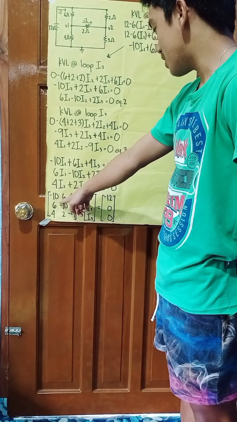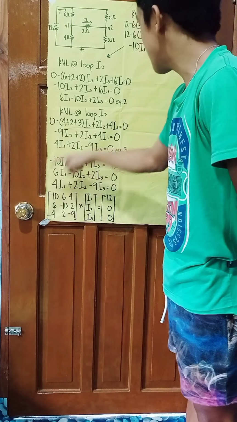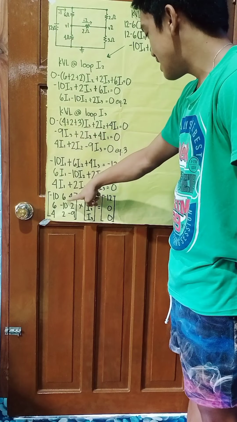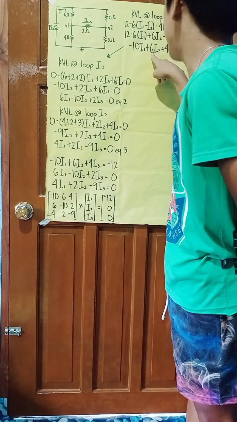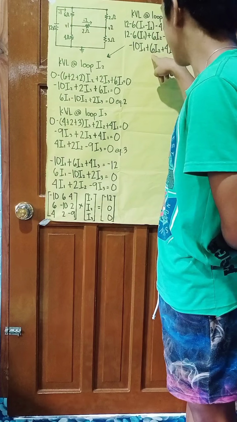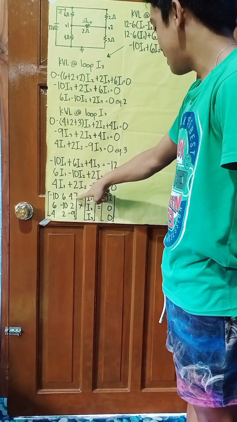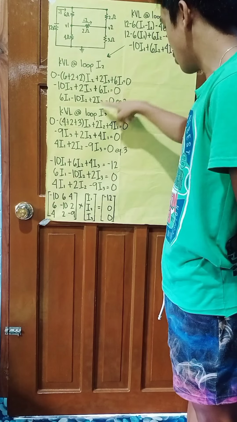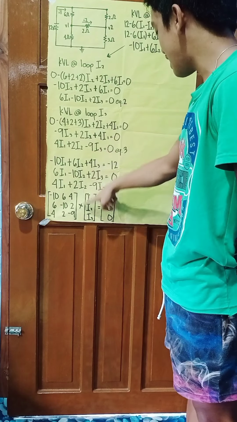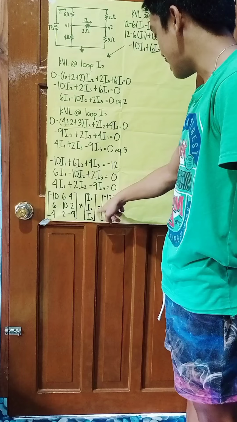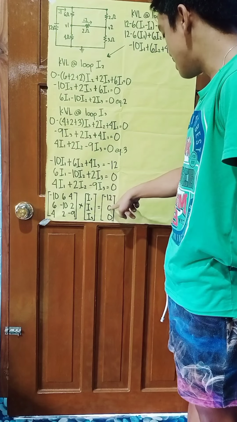So negative 10, 6, 4, then 6, negative 10, and 2. Then 4, 2, and negative 9 times the I1, I2, I3 equal to negative 12, 0, 0.